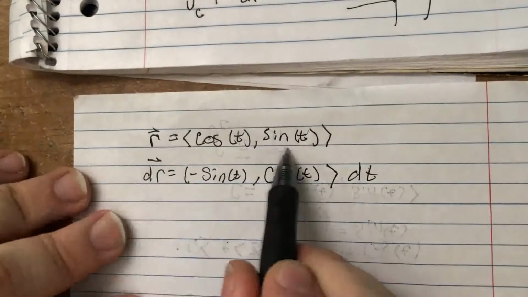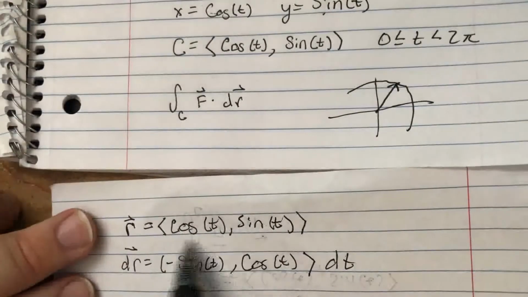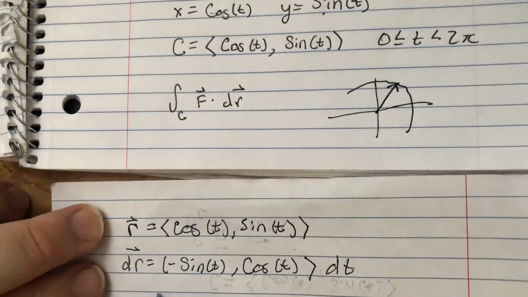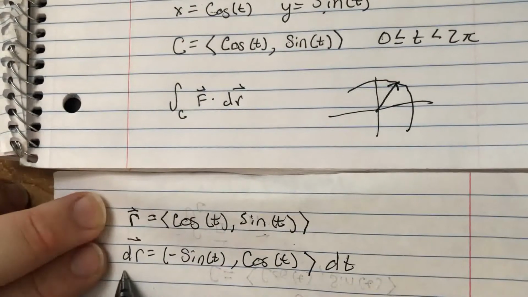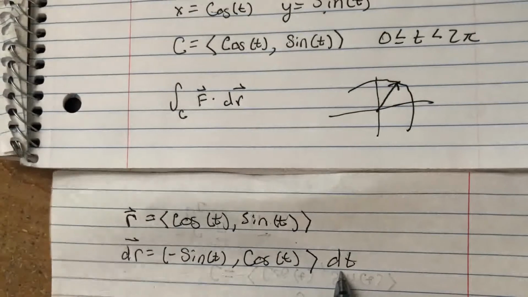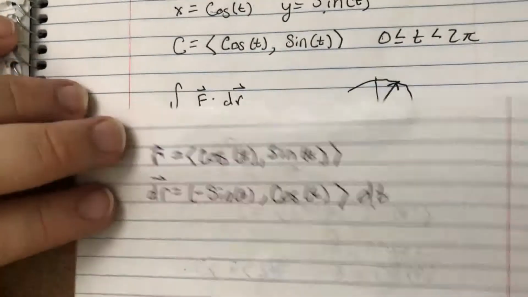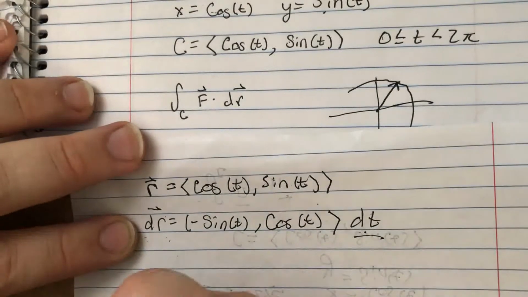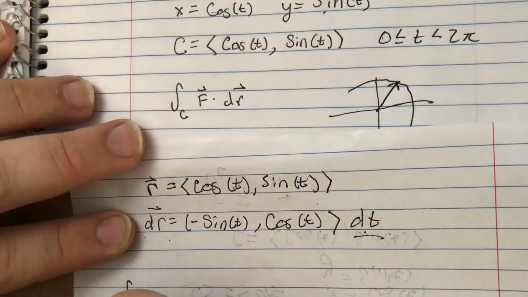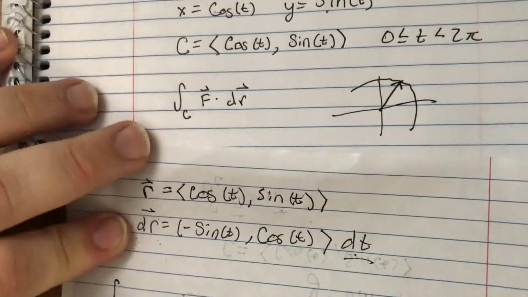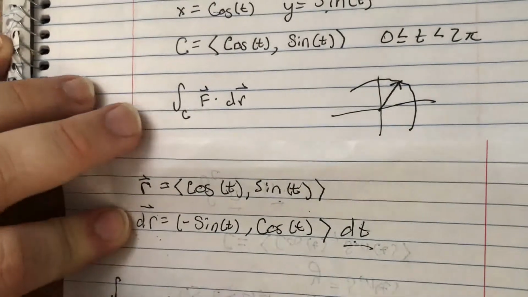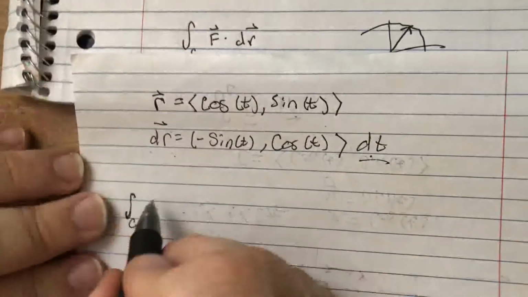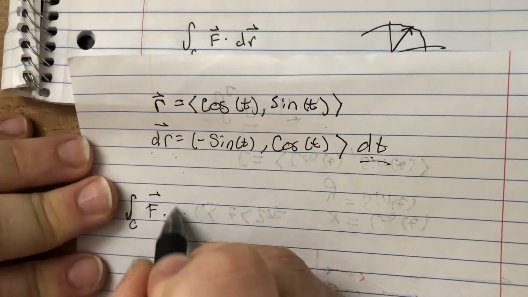So our r is this, and our dr would be this. Now that we have the dr in terms of dt, we can write our line integral. So let's just rewrite this out. F dot dr.